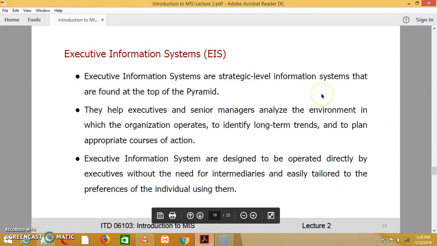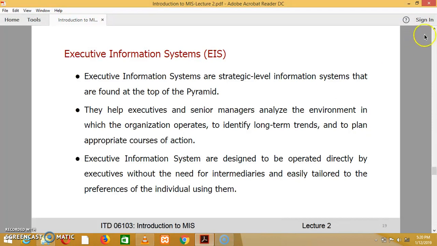So we have seen that the types of information system basically fit in the pyramid, but in some cases there are some information systems that are not fitting in this pyramid model of organization.